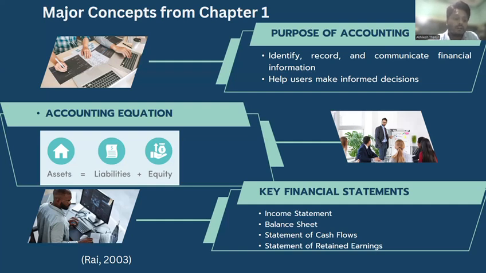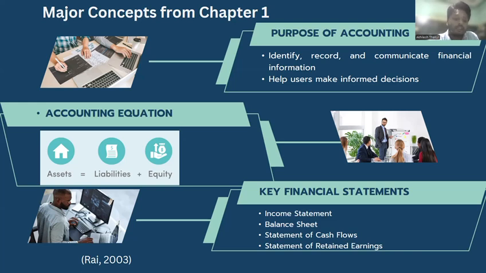And the accounting equation goes like, as you can see on the screen, assets equals liabilities plus equity. This equation simply shows what a business owns, which is assets, and it's financed either by borrowing, that is liabilities, or through owner investments, which is equity.